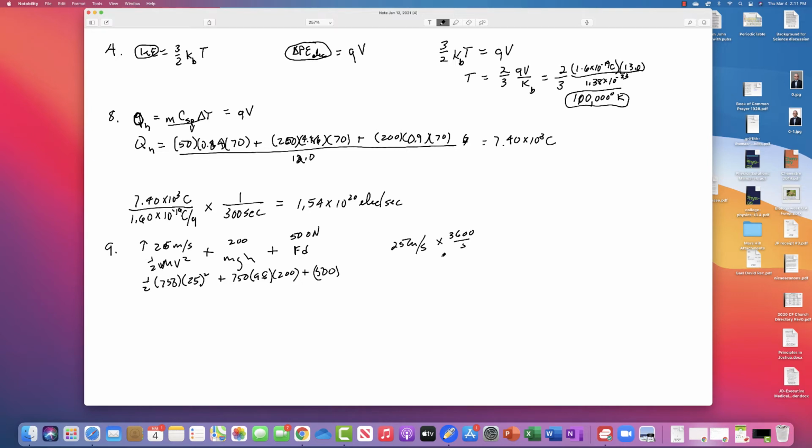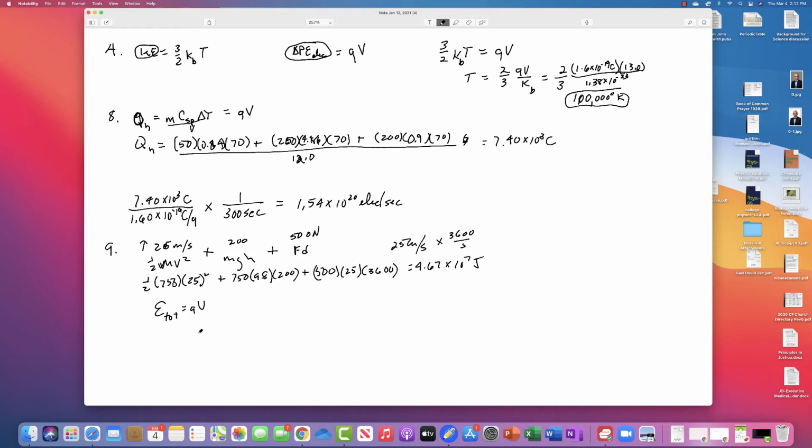Okay, so you can put that in, 25 times 3,600. And so that gives you the total energy output that was done, and that is 4.67 times 10 to the 7th joules. So the total energy, or the total electrons that have to be moved, is QV again.